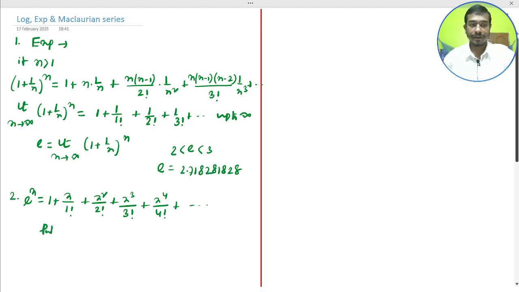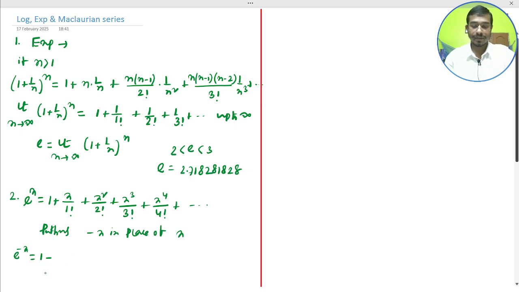Putting minus x in place of x, next, e to the power minus x. It would become plus minus in this form.